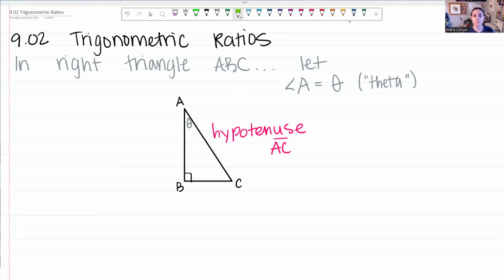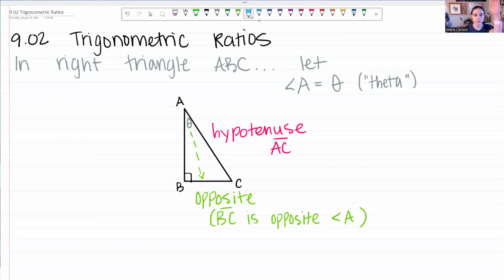If I am talking about in relation to angle A or theta, the side that is opposite angle A or opposite theta is BC. So this is our opposite side. So I would say side BC is opposite angle A.